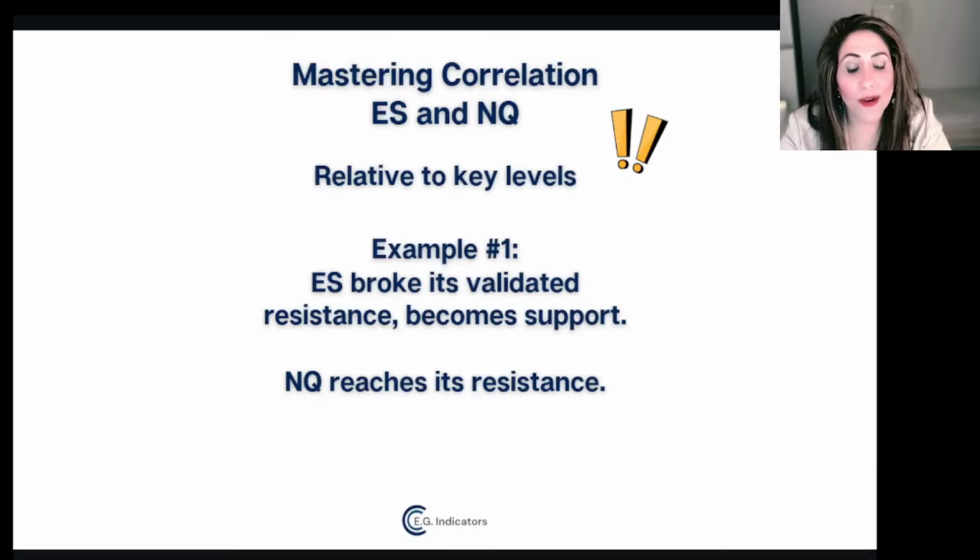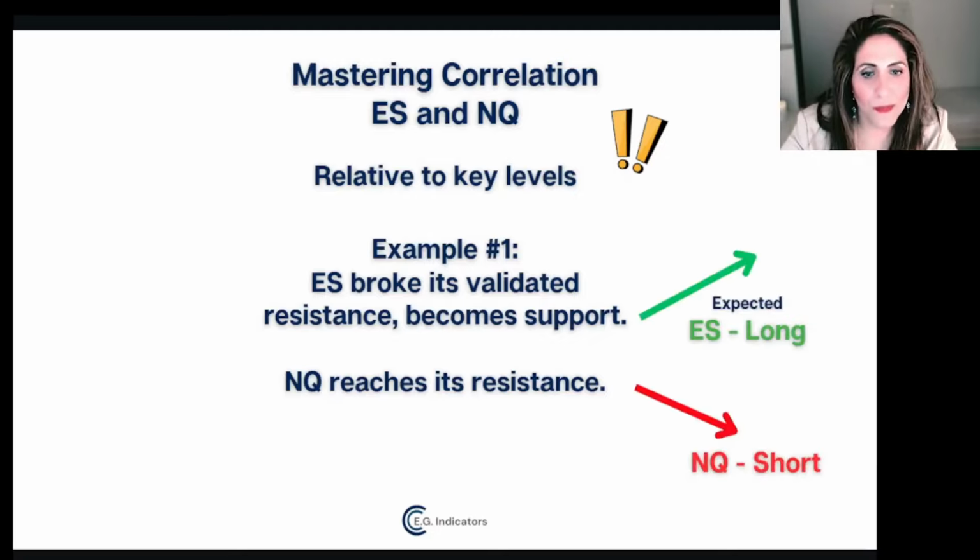This is our expectation from ES and NQ, and since they correlate, they disagree in this example. So ES respects its support level, we expect it to go to the upside. NQ reaches its resistance, we expect it to go to the downside. So they disagree.